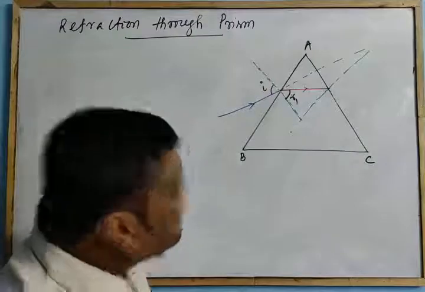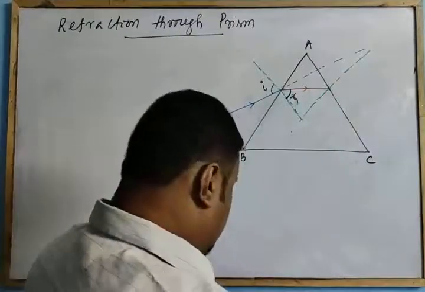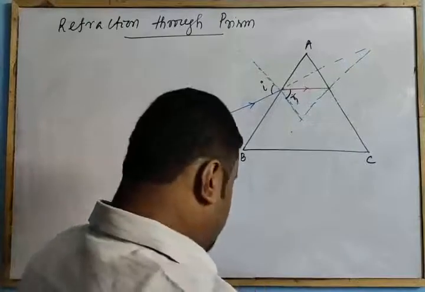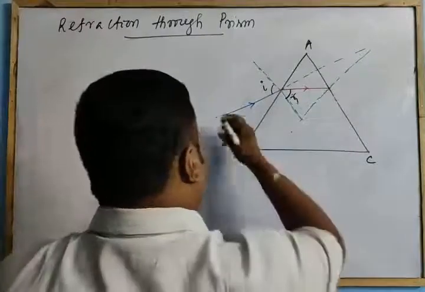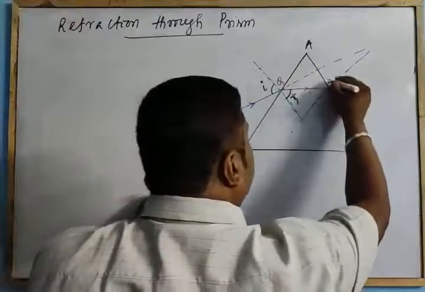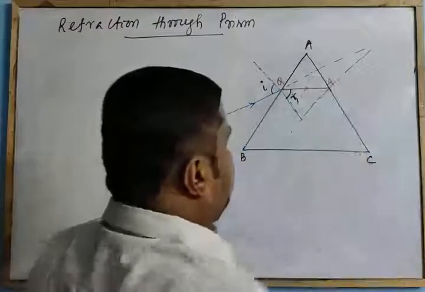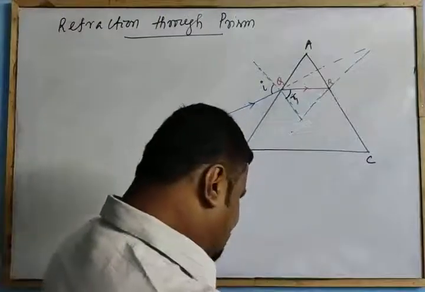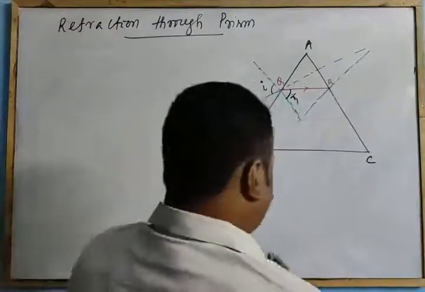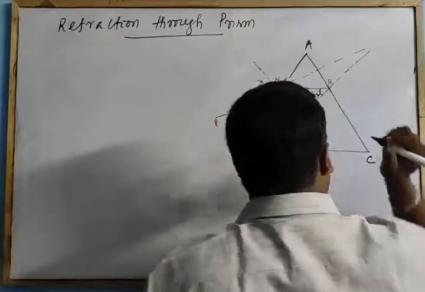And after refraction, the ray travels. Let me name it. Suppose PQ is the incident ray, and QR is the refracted ray incident at this face AC. Let the angle of incidence here be R2. Let me take the incident ray angle as R2.